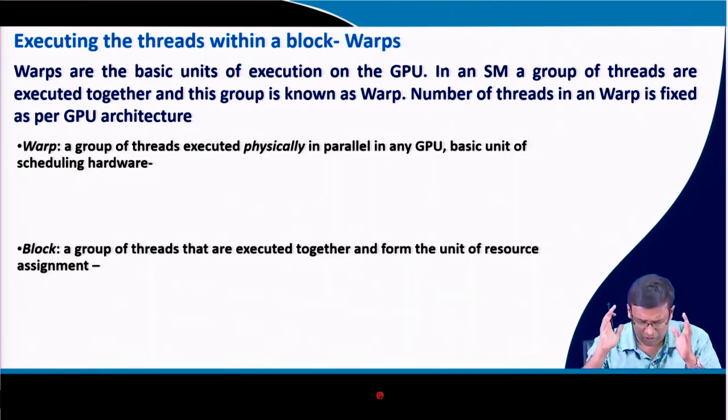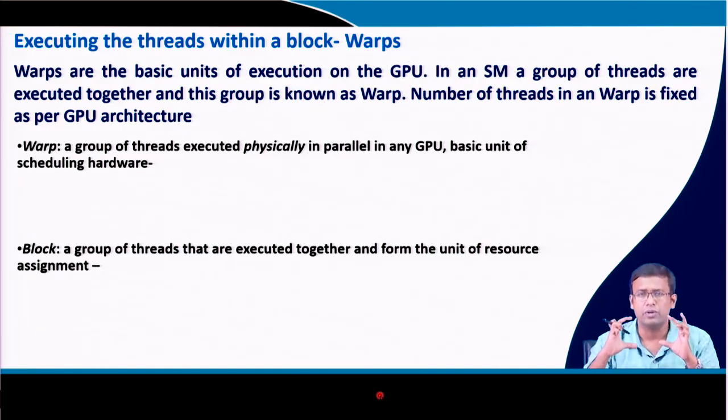So, when a kernel is launched, a block is scheduled in a GPU streaming multiprocessor, and 32 threads among the block are first executed in the streaming multiprocessor. Once they are over, or once they go to a latent stage, another 32 threads are chosen and executed together.